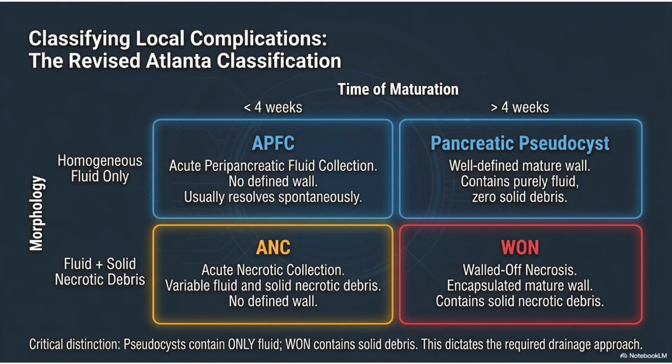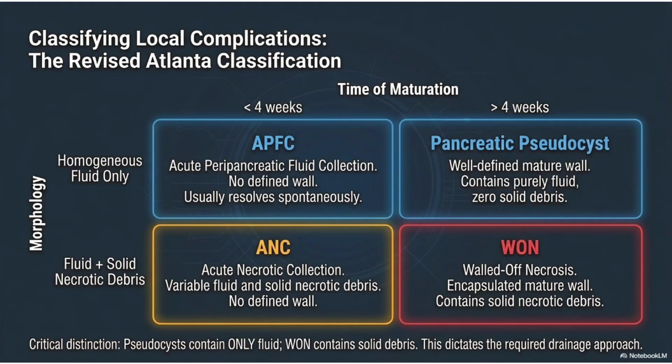Now, acute necrotic collection, if it's identified on imaging, is going to show variable fluid and solid, solid necrotic debris in there, but you don't see a defined wall around it. So you see necrosis, no defined wall, that's ANC. The difference between the APFC and ANC is that APFC is homogeneous fluid only, but the necrotic one has solid components of necrosis on imaging.